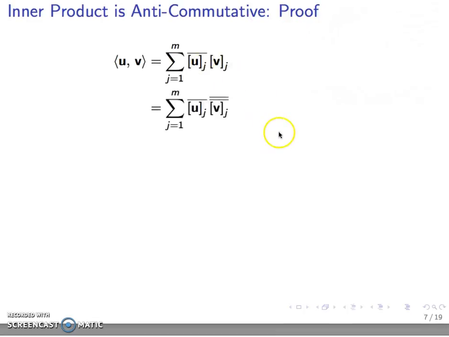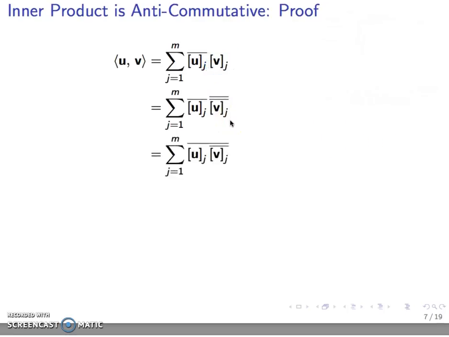We notice that, and this is a property of complex numbers, if we conjugate twice, the conjugate of the conjugate is the complex number itself, and therefore we can write this entry v sub j as the conjugate of the conjugate of v sub j. Okay, the properties of complex numbers.